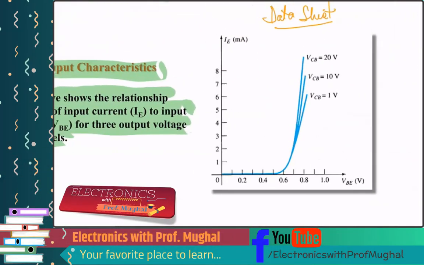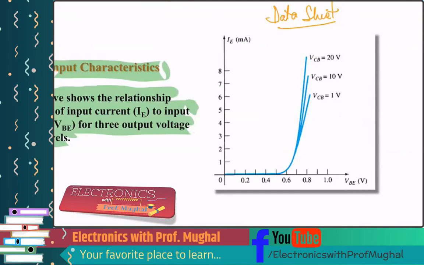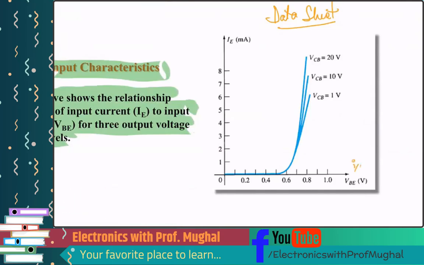This basically tells you, okay, you got VBE here. That's your input voltage. You got your input current over here, which is IE. And at different VCB, at 1 volt, you have this curve. This is going to be given. VCB is fixed at 10 volts.